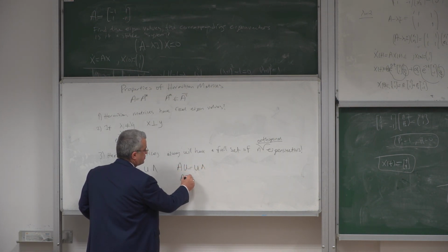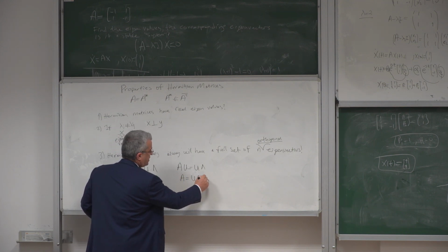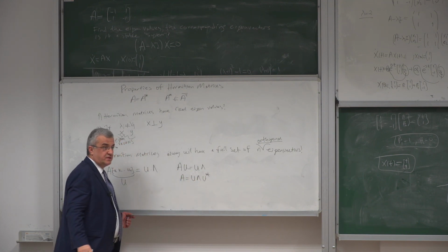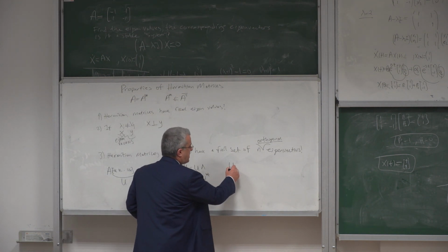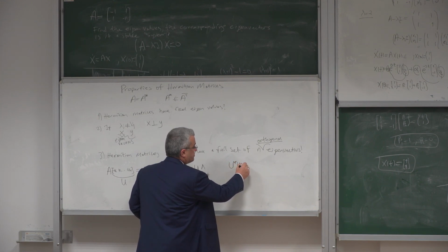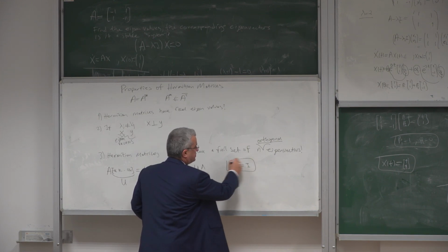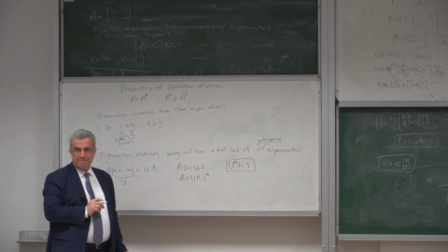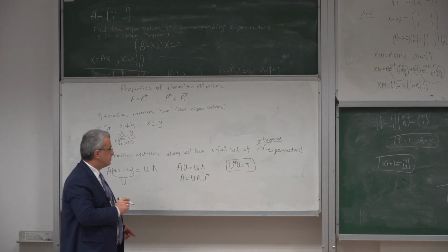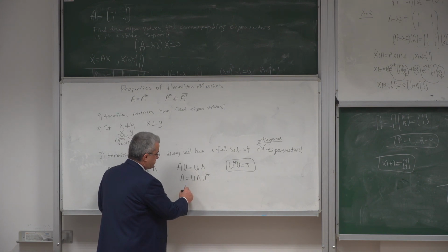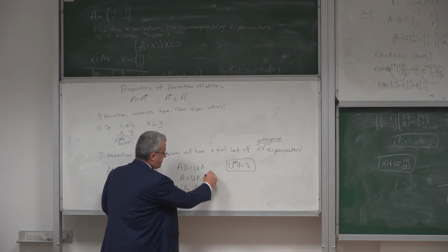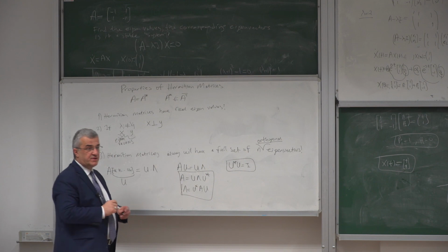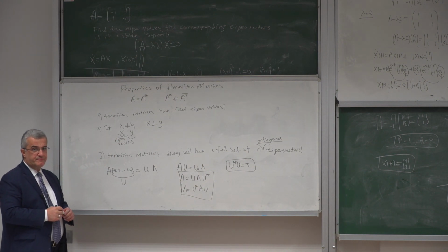In other words, A is equal to U lambda U star. So U star U for a Hermitian matrix is equal to identity. This is very important. And the reverse of this is that lambda is equal to U star AU. Okay, this is very, very valuable for us.